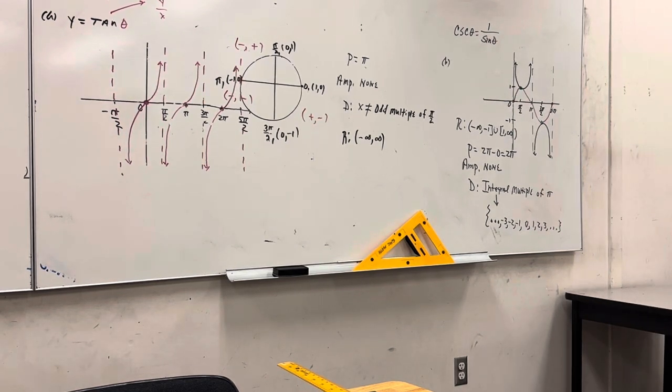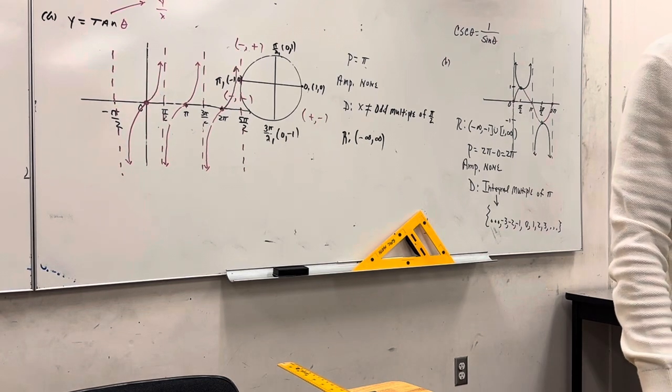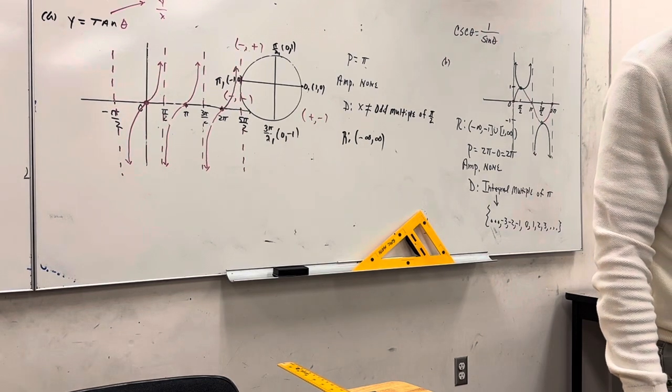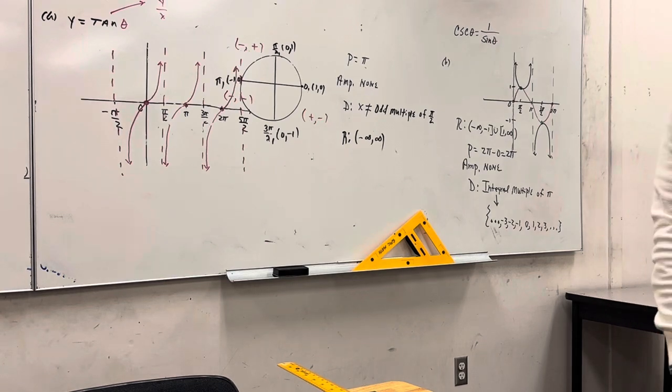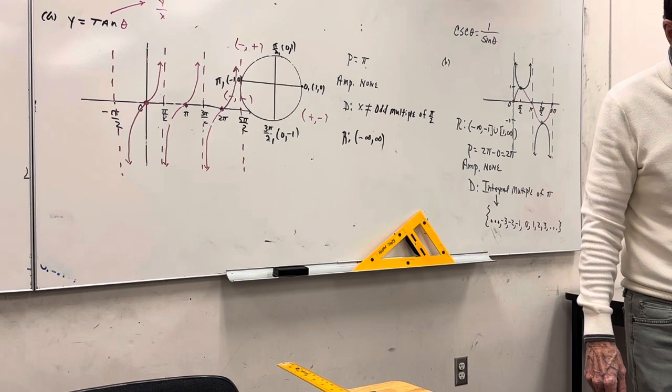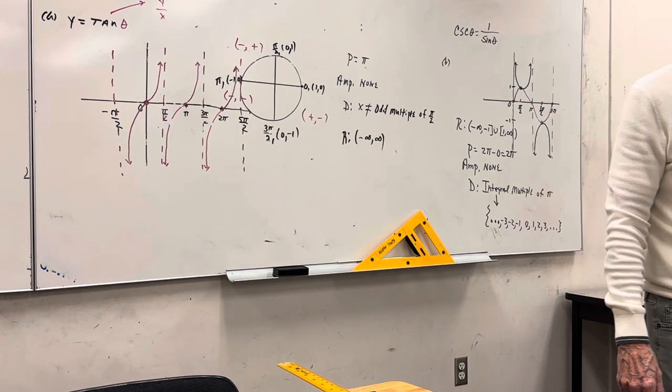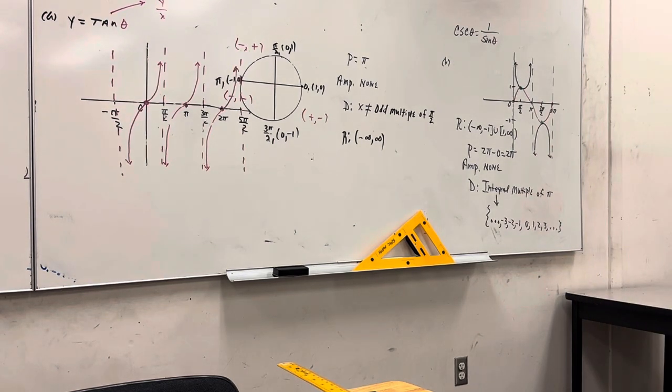Whoa, 4 cosecant. 1/2 x minus pi over 2. Was the x minus pi over 2 in parentheses? Yeah, they were in parentheses. Oh, my lord. Anything else? No, that's it.